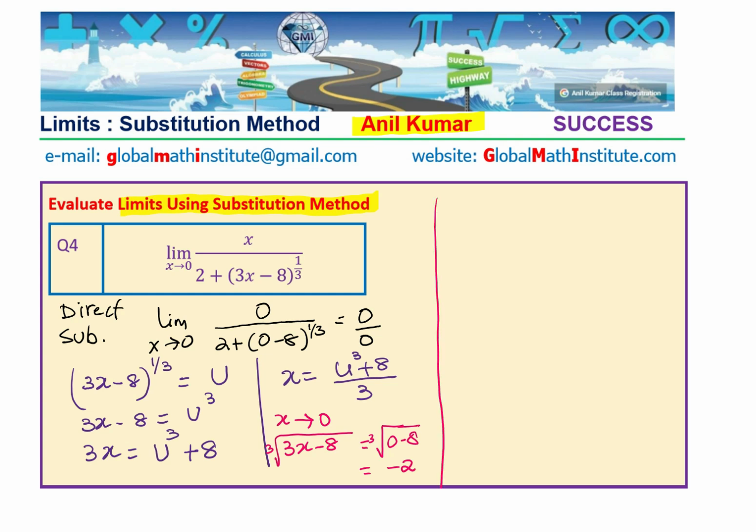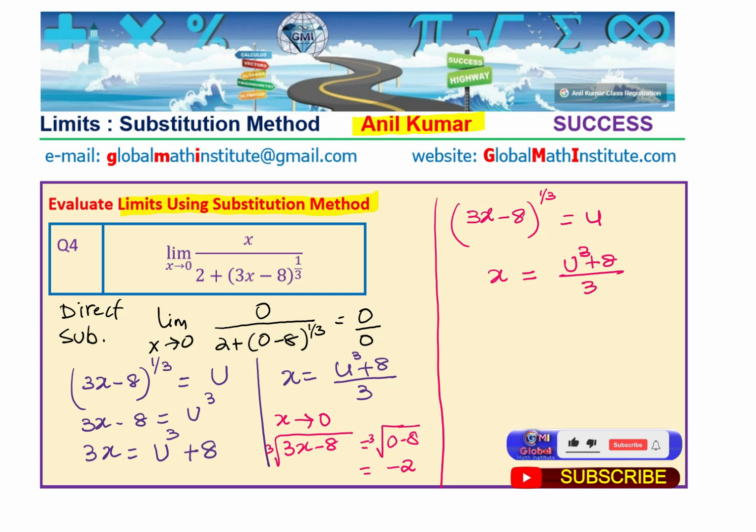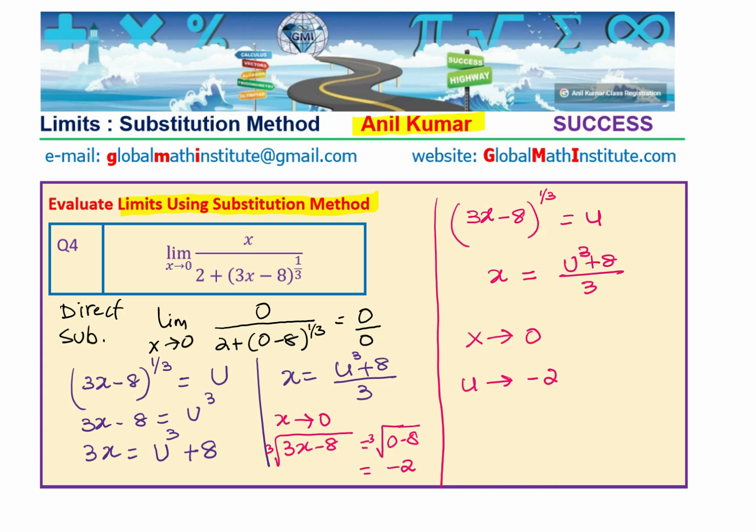Now we have the substitution: if the cube root of 3x minus 8 equals u, then x is equal to u cube plus 8 over 3, and when x approaches 0, u approaches minus 2. Makes sense. So these are very important parameters for substitution.